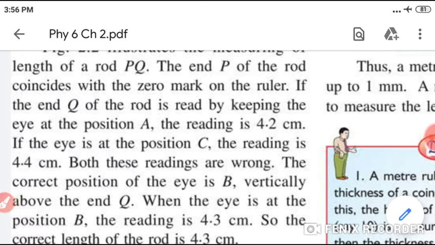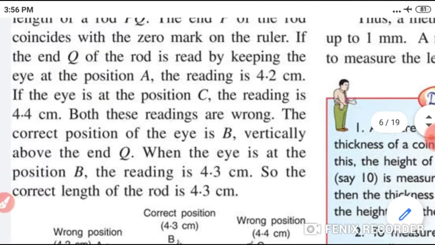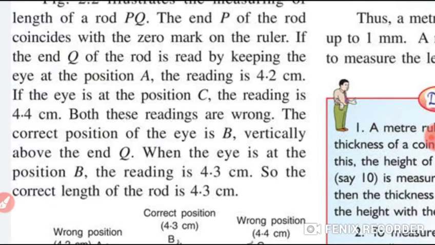If the end Q of the rod is read by keeping the eye at position A, the reading is 4.2 centimeters.